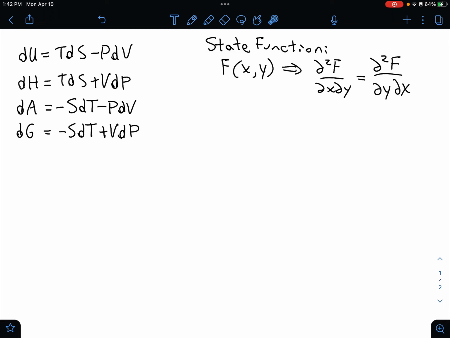In other words, if you're taking what some might call a cross partial or a second derivative, the order doesn't matter. And so that means that d squared U dS dV would equal d squared U dV dS.